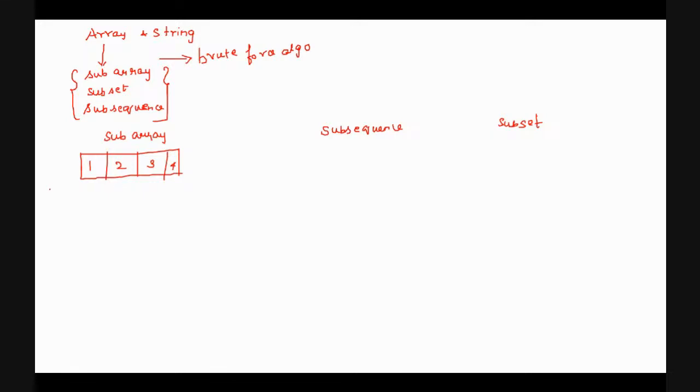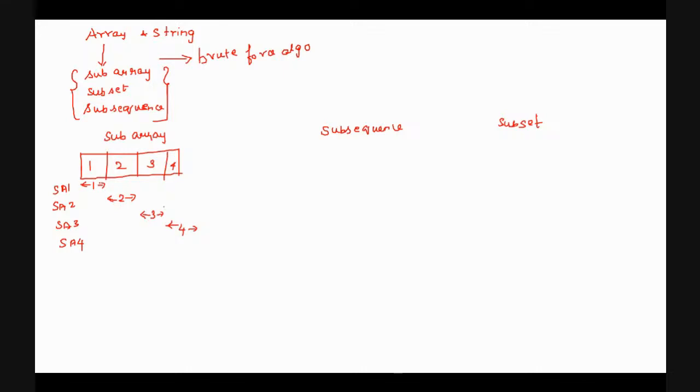My first subarray will be 1. My second subarray will be 2, my third subarray will be the element 3, and my fourth subarray will be the element 4.